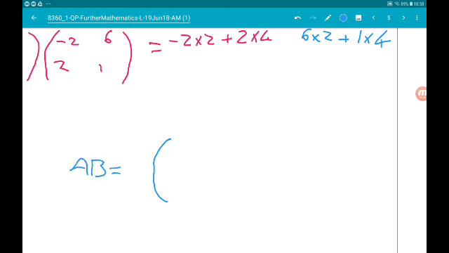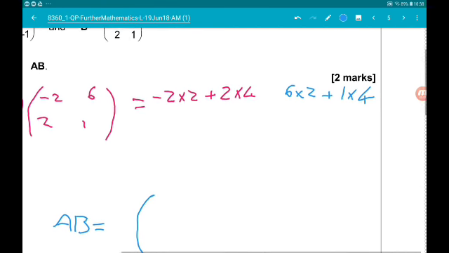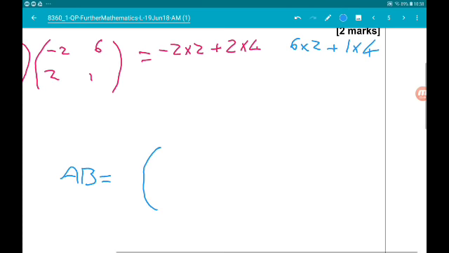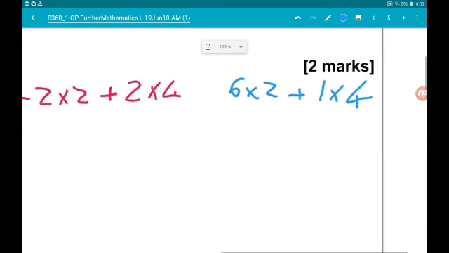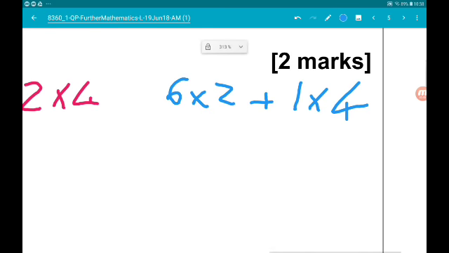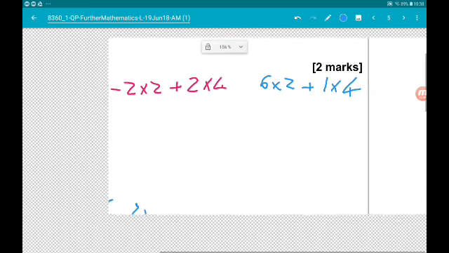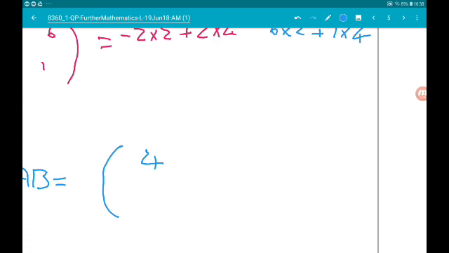AB is equal to, so at the moment we know the top left element: minus 2 times 2 is minus 4, add 2 times 4 is add 8, so our top left element is minus 4 plus 8, which is 4. Our top right element, 6 times 2 add 1 times 4, is 12 add 4, which is 16.